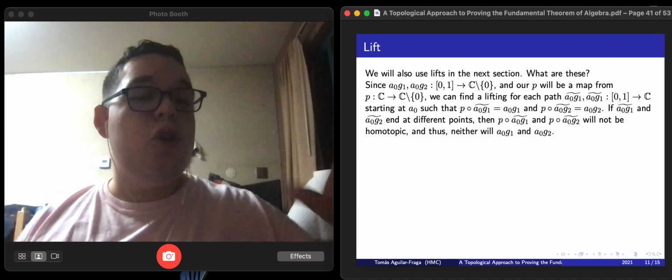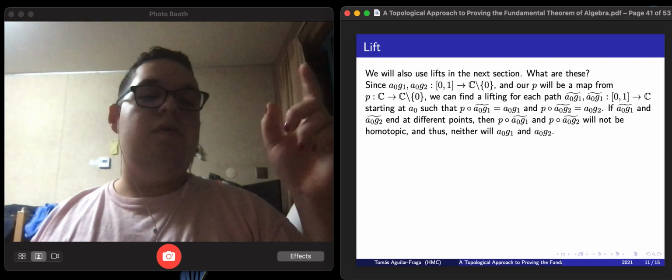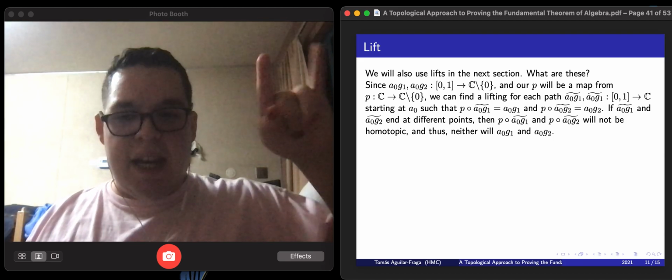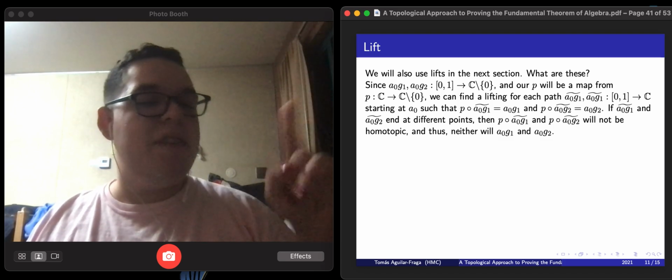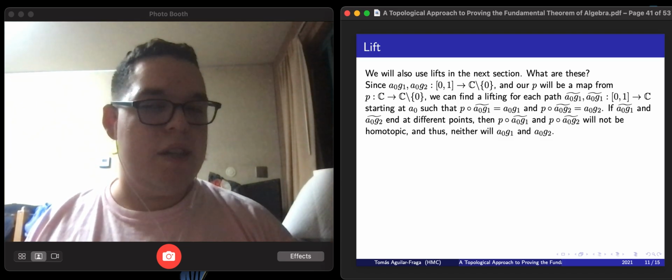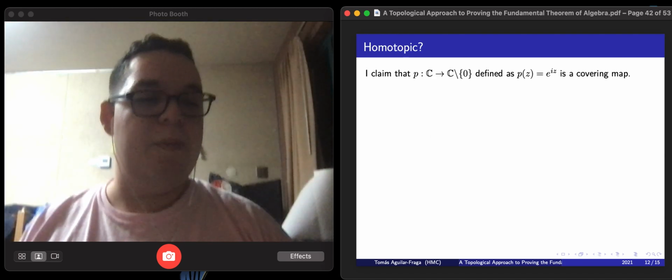If the lifts end at different points, because we're making them start at the same point, then the images of these aren't homotopic, which would be a contradiction that we could pull.